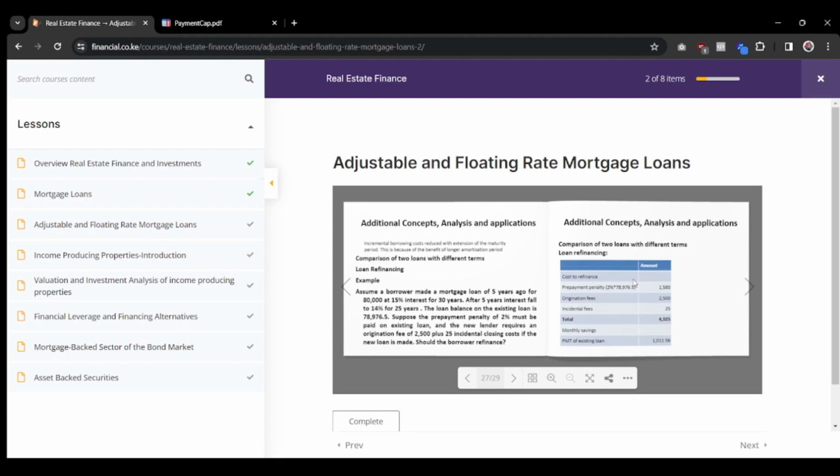So for loan refinancing, here we have an example. Assume a borrower made a mortgage loan 5 years ago for 80,000 at 15% interest for 30 years. After 5 years, interest falls to 14% for 25 years.